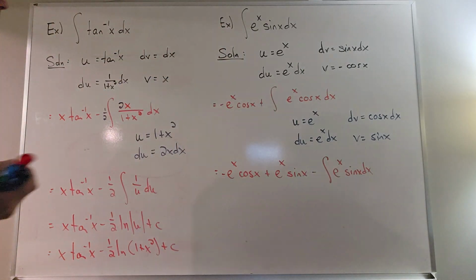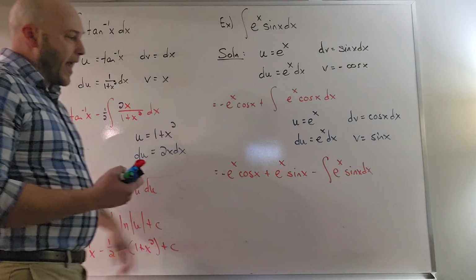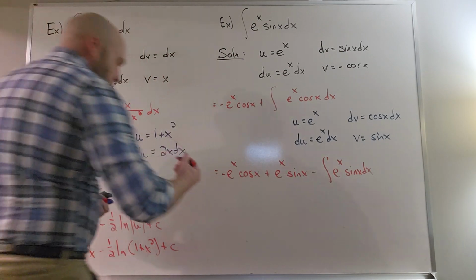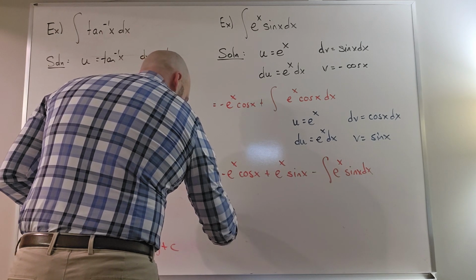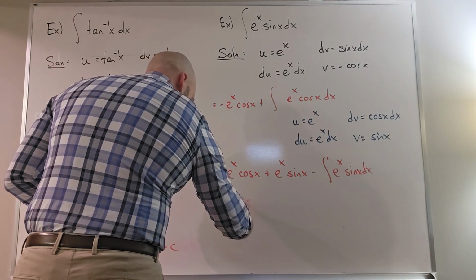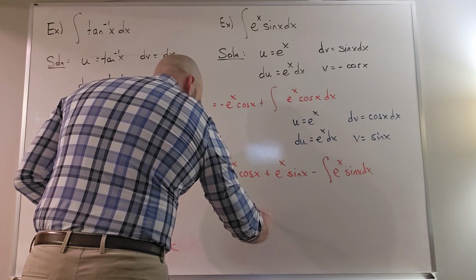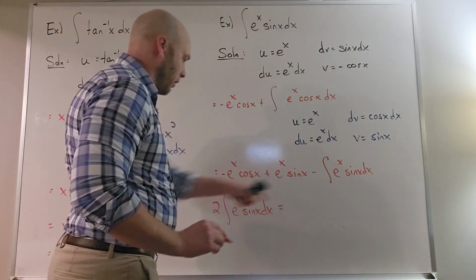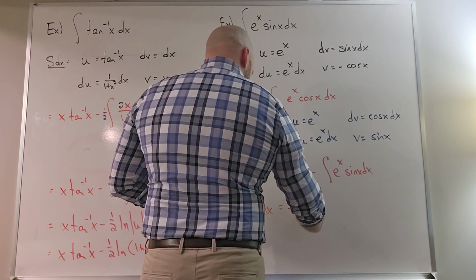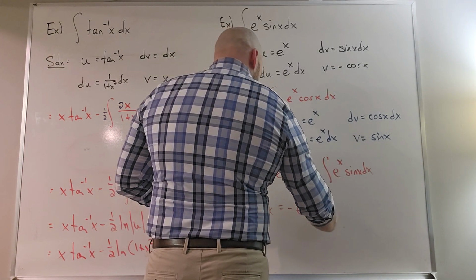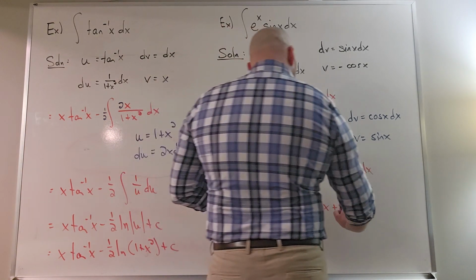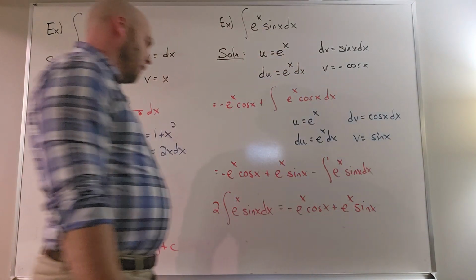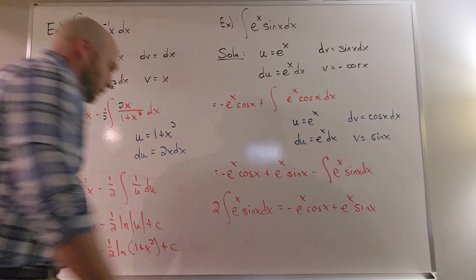Of course not, because if I just use algebra and add this integral to the other side, we get twice the original integral is equal to these two terms. And then just divide by 2.